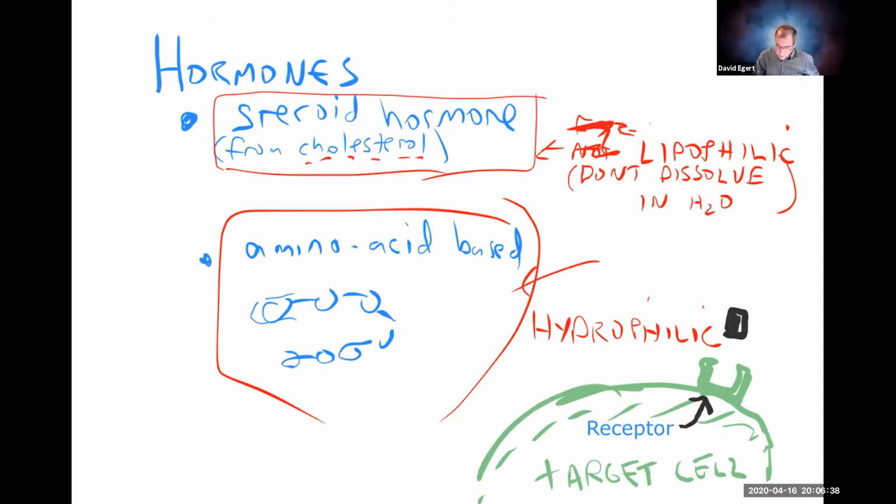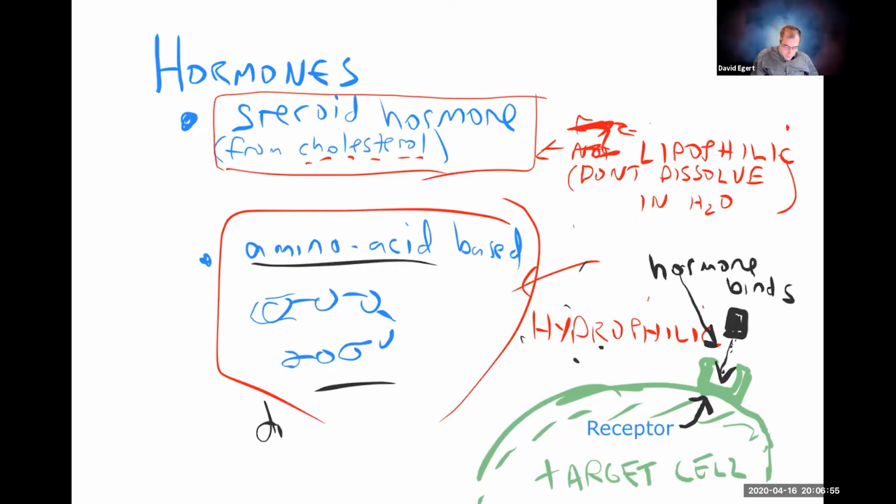The hormone itself kind of goes in, hormone binds to the receptor. So most of these amino acid-based ones, they dissolve in water, or I should say they dissolve in the plasma. They drift around. They can then be recognized by receptors right on the surface of the target cell.